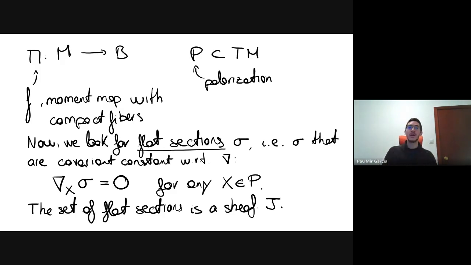I could devote an entire hour defining how a sheaf cohomology is defined, because sheaf cohomology is a technical and specific procedure, well known by topological algebraists, but it's a useful tool, and in fact, it's useful to define geometric quantization.